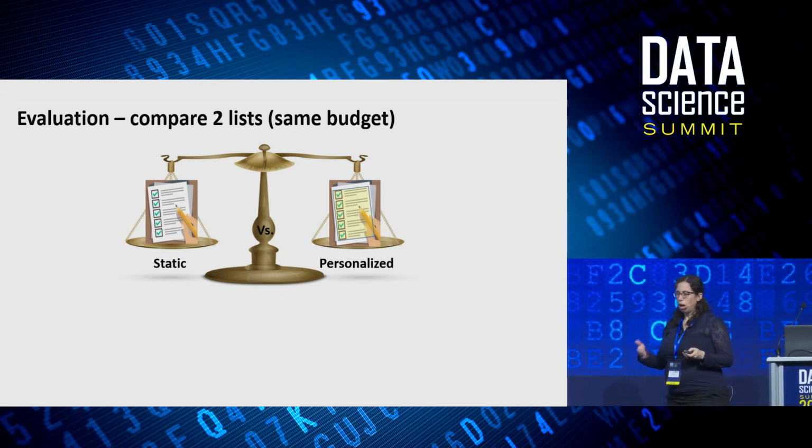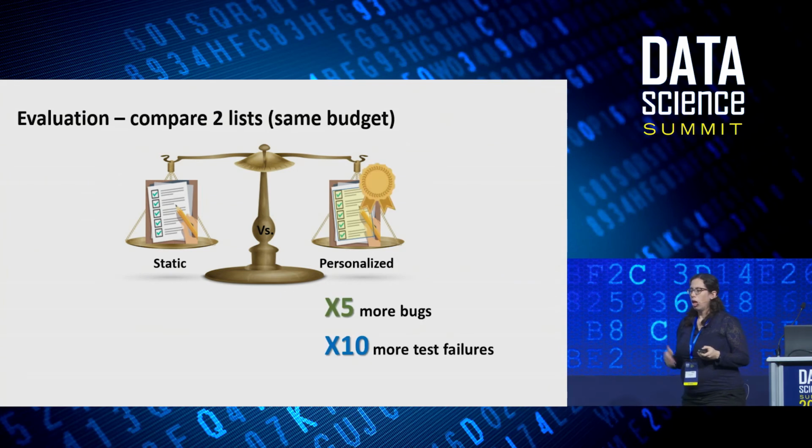And after a few weeks, the results were amazing, because we found 5 times more bugs, 5 times more different types of failures, and 10 times more test failures. So because of those results, the decision was to implement this solution in several validation groups in Intel in order to replace the static list with this personalized list.